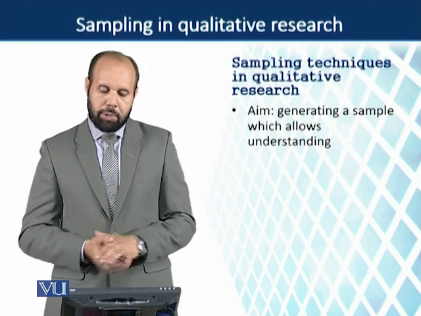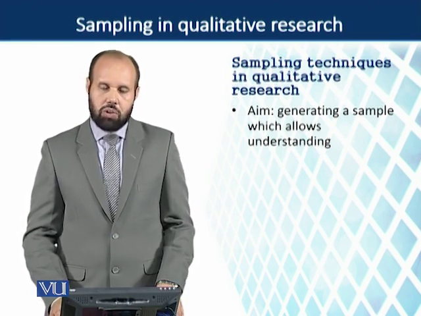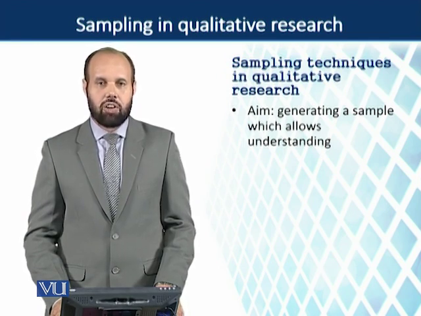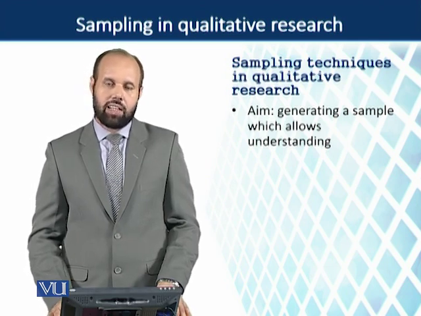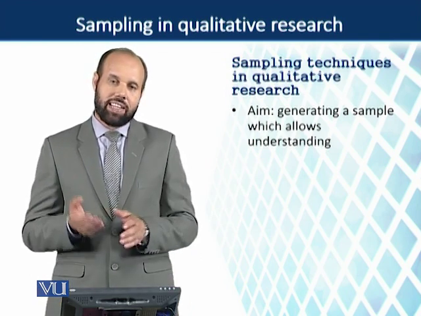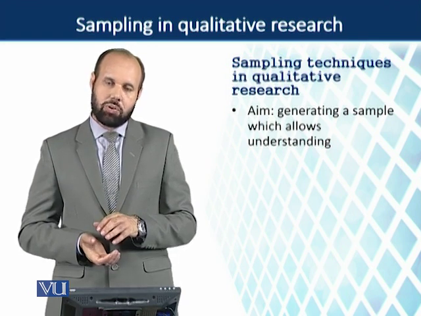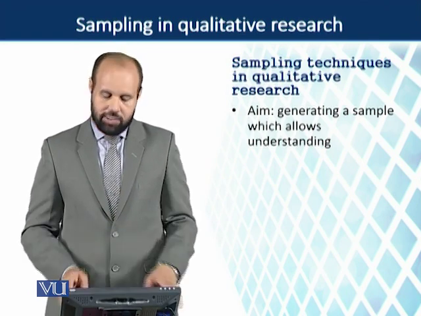So for that purpose, we need a sample which allows us to understand thoroughly. That is the aim of sampling in qualitative studies: we need a sample which could generate maximum information and give us every aspect of the sample.